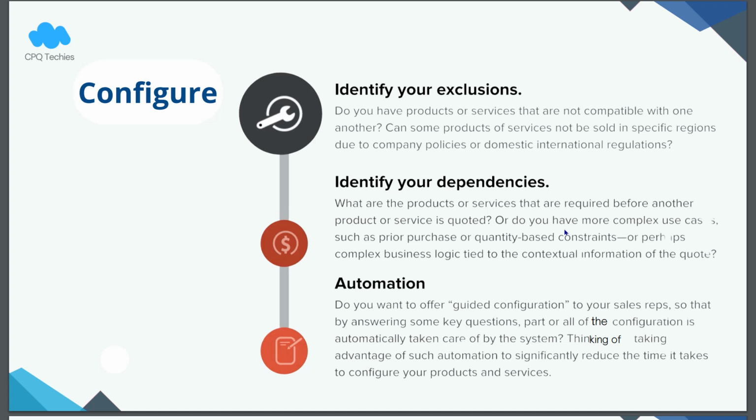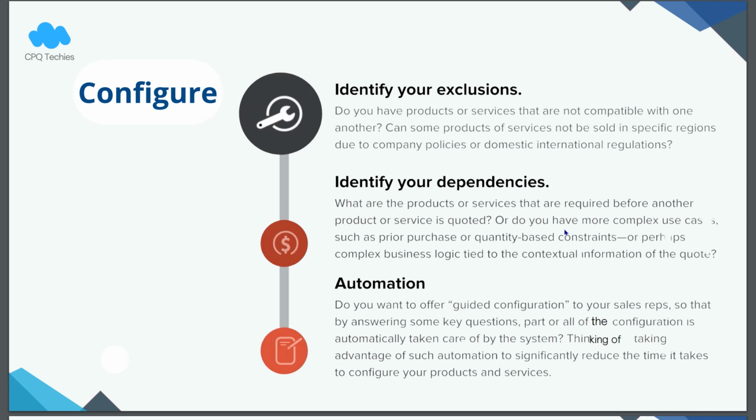All the configuration can be captured automatically using guided selling. And there are product rules: we can select, validate, or give an alert using the product rule. All these things we have to define before implementing Salesforce CPQ.